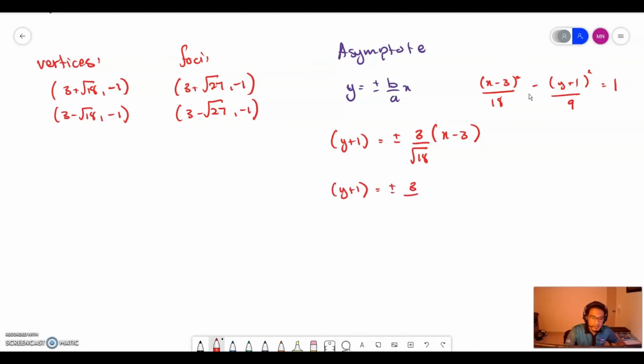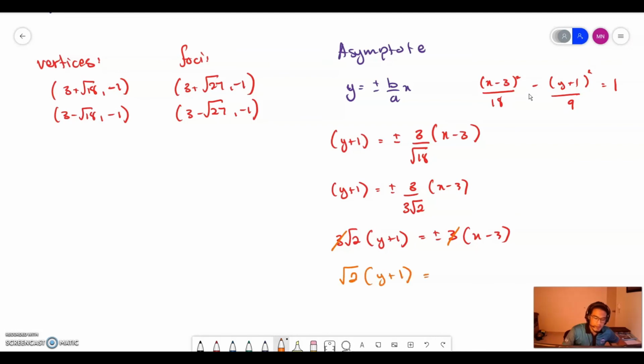Plus minus 3 over 3 square root of 2, times x minus 3, and bring it to the left, 3 square root of 2 times y plus 1 equal to plus minus 3 times x minus 3. Okay, so then we can remove this 3, and our final answer for asymptote is square root of 2 times y plus 1 equal to plus minus x minus 3.